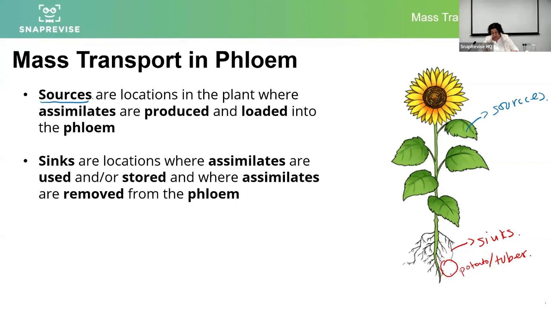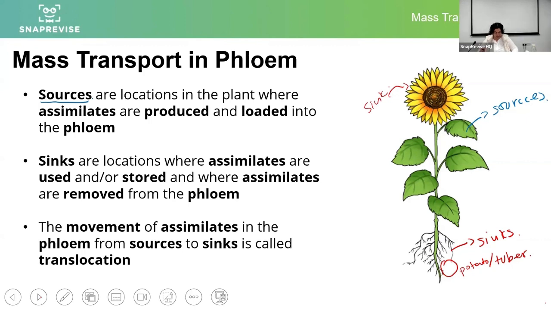So that is also an important sink. A growing flower can also be a sink because it needs a lot of nutrients to develop. And so the movement of assimilates from source to sink is basically what we define as translocation.